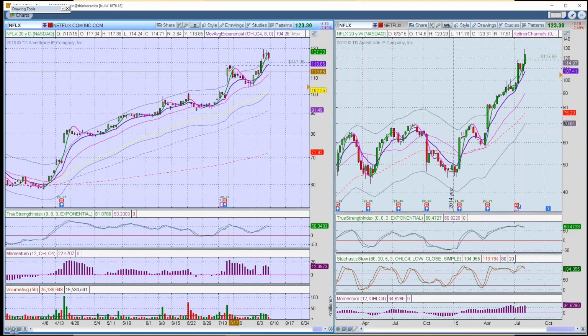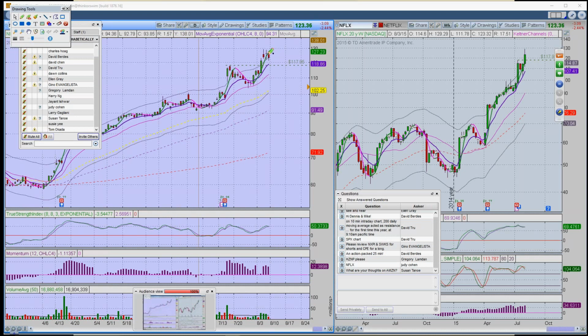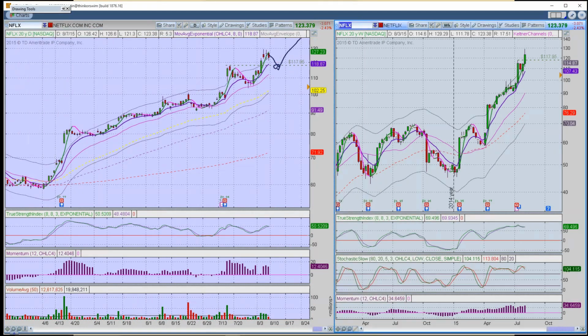It's where it broke out from this little cup, about the 117.95, 118 level, and we'll see what transpires from there. Watch for bounces here because it could do a really good classic go back, retest the breakout area, and then move back up. Netflix is one that will stay on my watch list for a while because it's one of the stronger stocks out there.